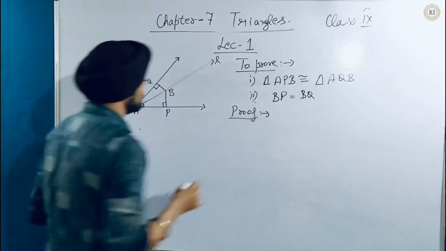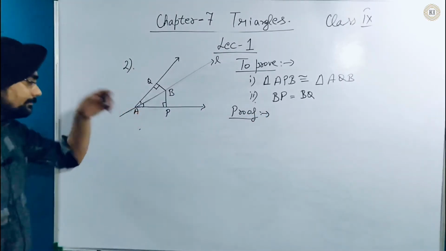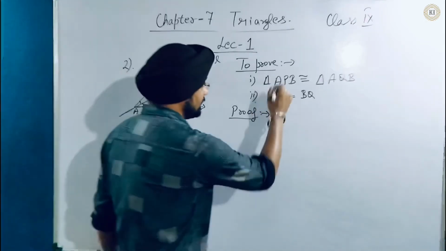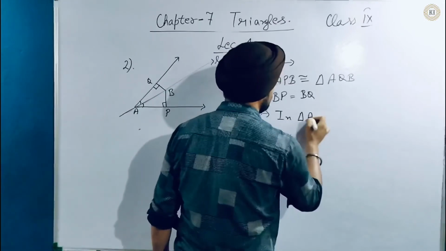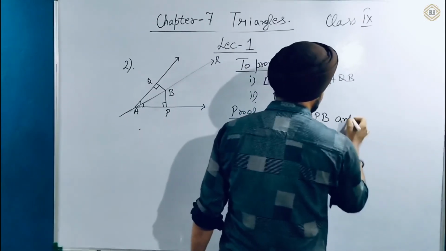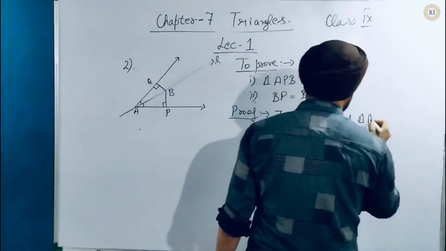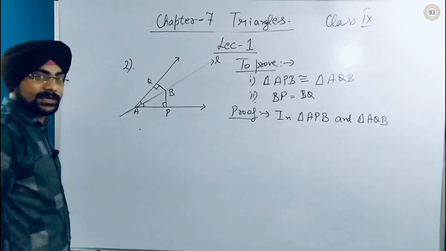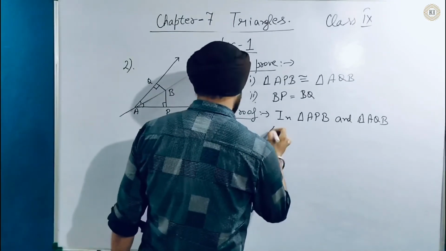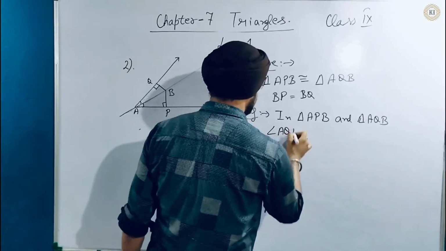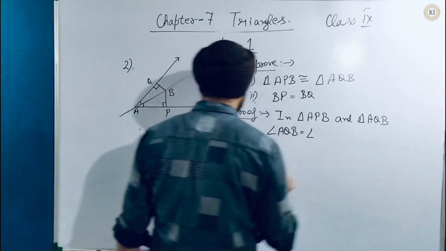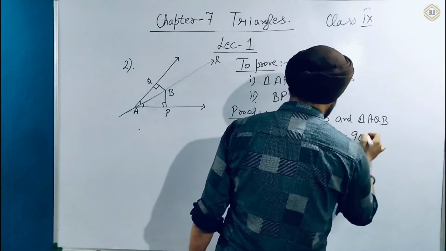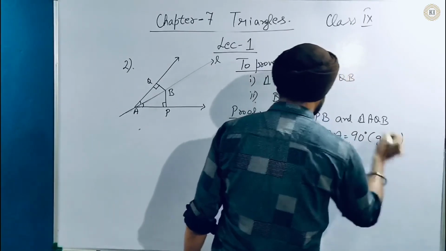Now let us start how to prove the question. It is given that line L is a bisector of angle A. It means that these two angles are equal. So first of all we will take these two triangles. In triangle APB and triangle AQB, first, both these angles are given as 90 degrees. So we can write angle AQB is equal to angle BPA is equal to 90 degrees, that is given.